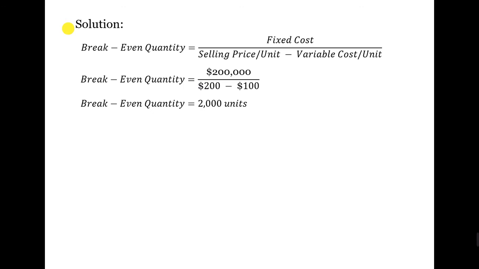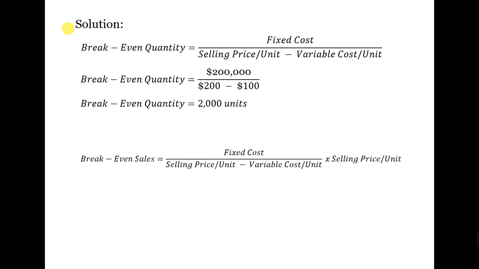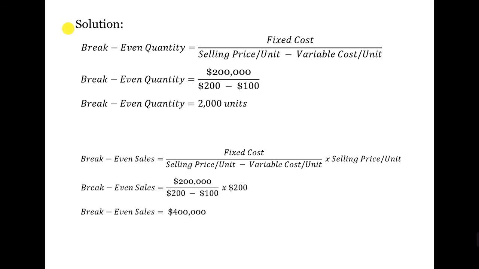Now let us proceed to the second requirement, the break-even sales. To solve this, the result from the break-even sales quantity should be multiplied by the selling price per unit. Then the value of break-even sales is equal to $400,000.